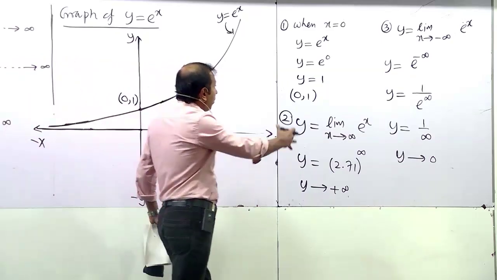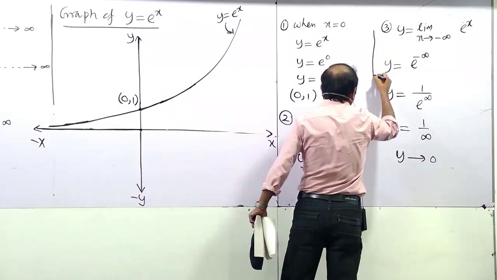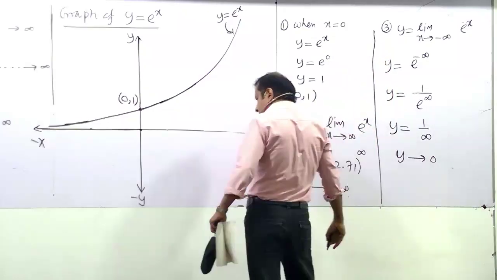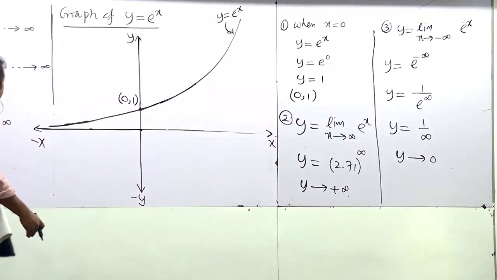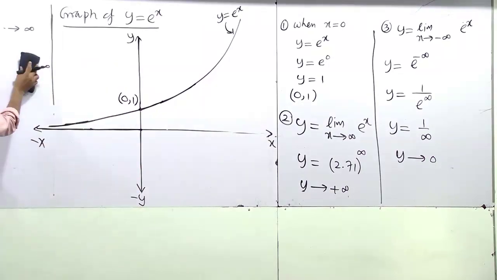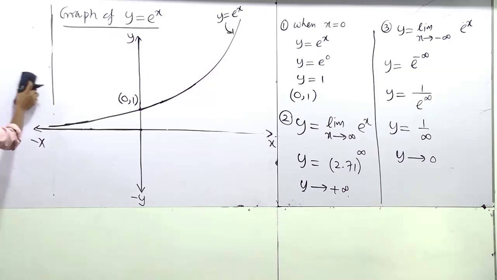So then we can write that as a note. We have to write all these notes. These are very important in drawing this graph. Then you can write a note there.